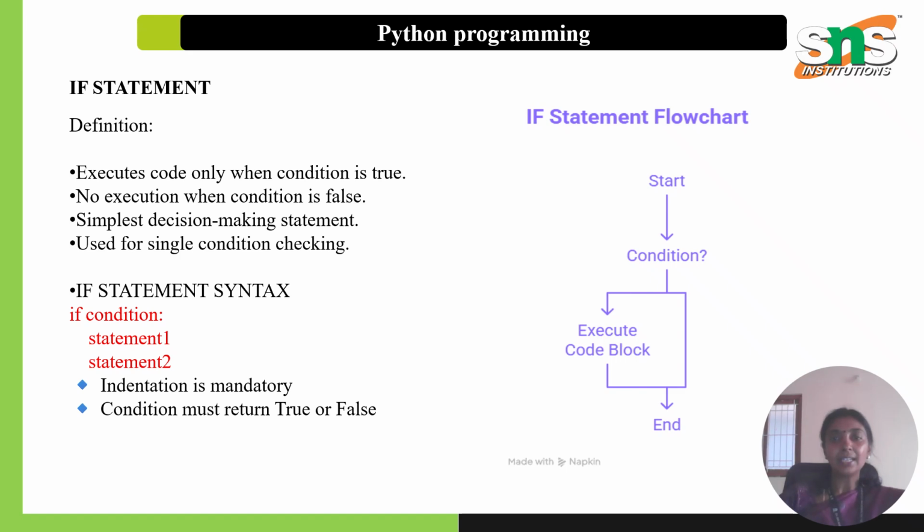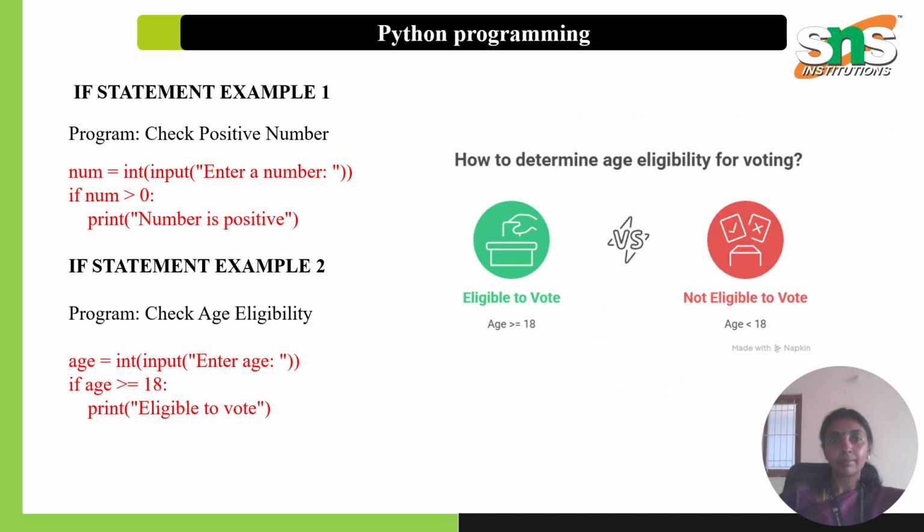Here is the flow chart. It starts at the condition. If it is true, it will execute, otherwise it will come to the end. Example: you are going to find whether the number is positive or not. Here you are getting input, num is equal to input of enter a number.